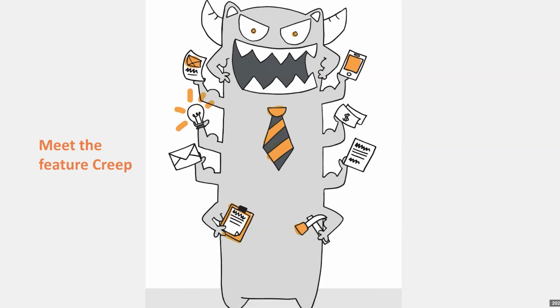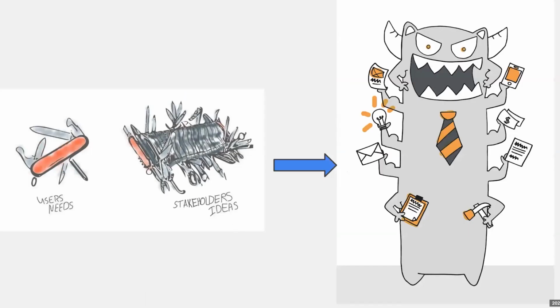So how product managers can run the risk of becoming feature creep monsters, and I want you to stay away from that. Okay, why does it happen? And I'll tell you why it happens. Look at this.